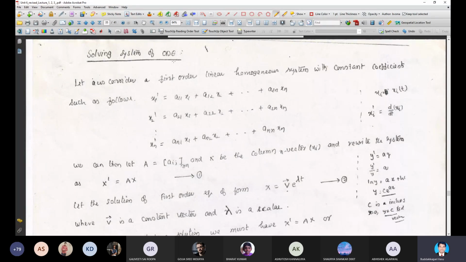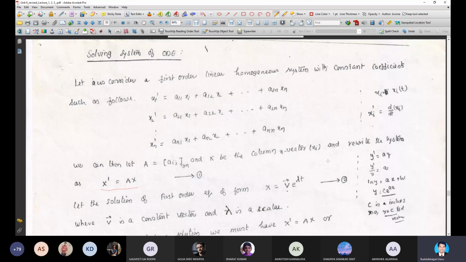Solve the system of ordinary differential equations. Let us consider a first order linear homogeneous system with constant coefficients as follows. x1 dash is equal to a11 x1 plus a12 x2 plus so on a1n xn. x2 dash is equal to a21 x1 plus a22 x2 plus so on. This system can be written in the matrix form as x dash equals A into x, where A is the coefficient matrix of order n by n and x is the column vector.